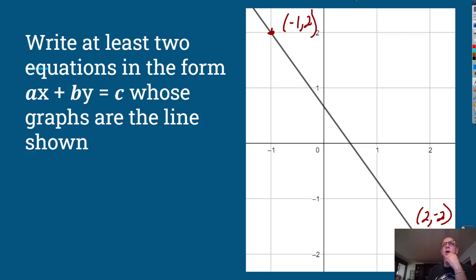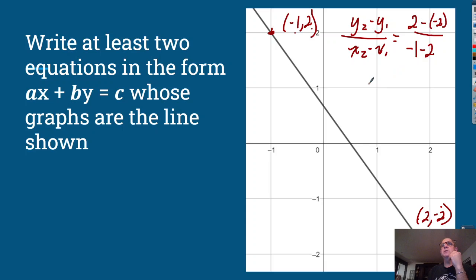Right? So I'm going to find my slope, go to that slope formula. So 2 minus -2 over -1 minus 2.